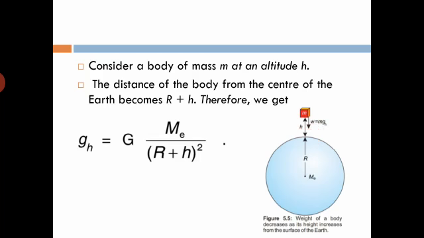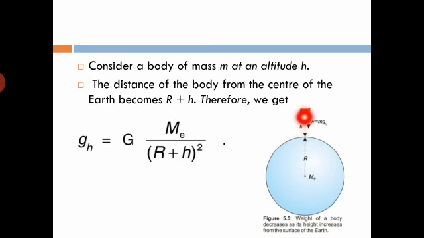We know that g is equal to G Me divided by r square, but the distance of the mass of earth from the object is r and h. It means r plus h. If the object is on the surface of the earth, then the distance between them is r, the radius of the earth.